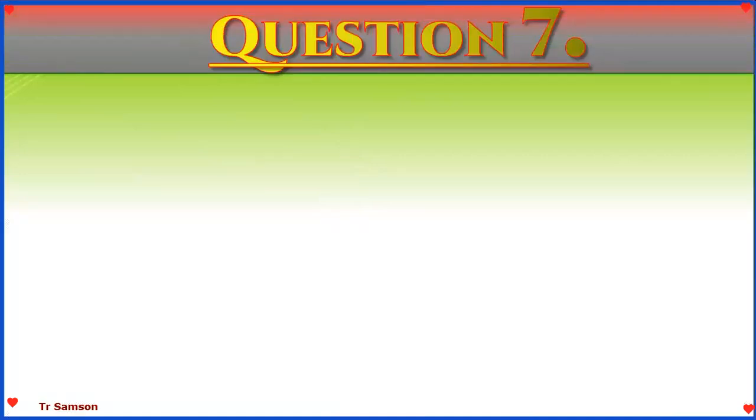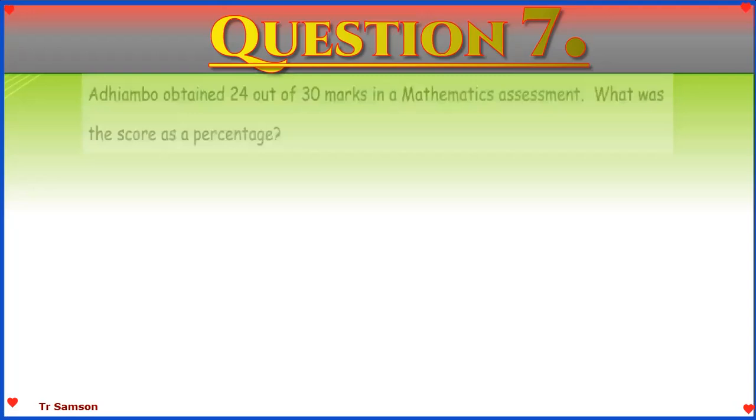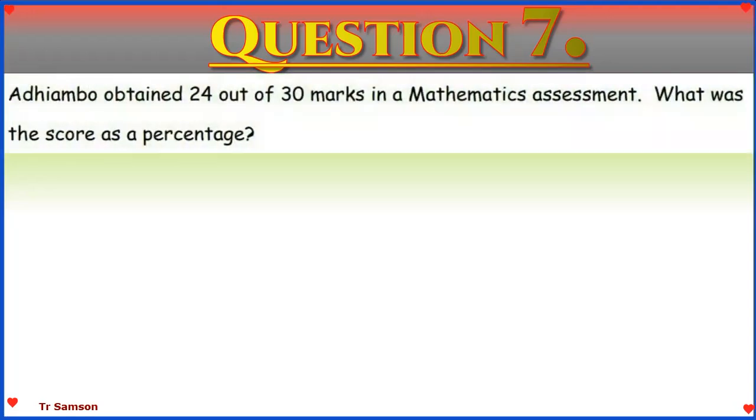The correct answer. Now, question number 7 is the last question in our session. Adhiambo obtained 24 out of 30 marks in her mathematics assessment. What was the score as a percentage?